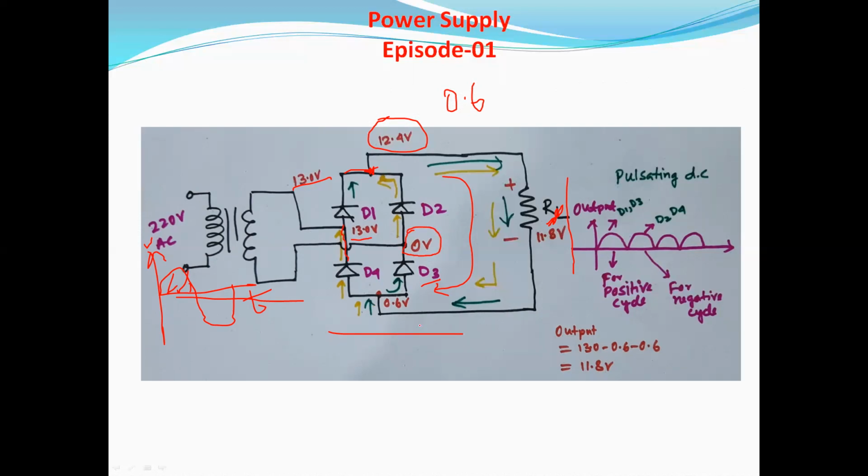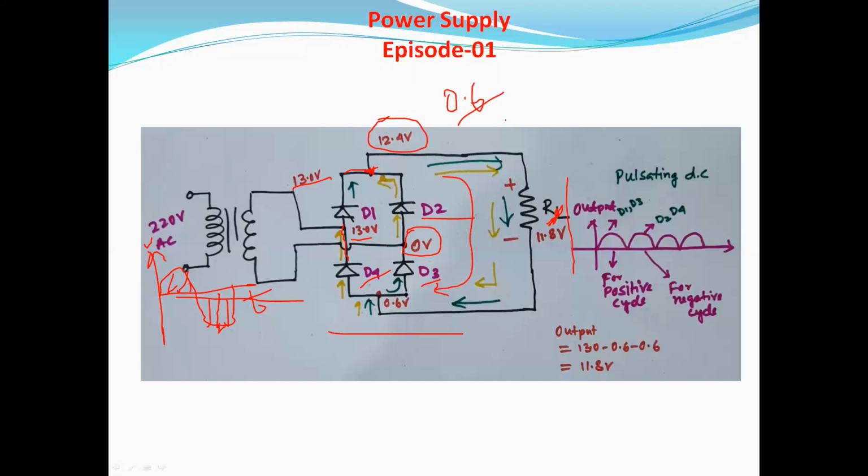Similarly, during the negative cycle of the AC input, diodes D2 and D4 will conduct. As I have previously mentioned, the silicon diode conduction voltage is 0.6 volt.